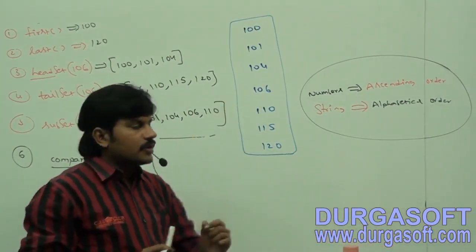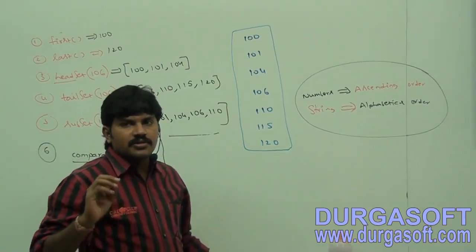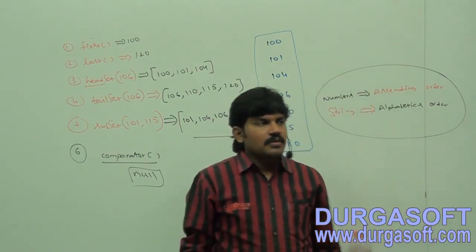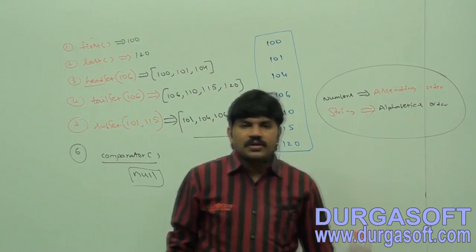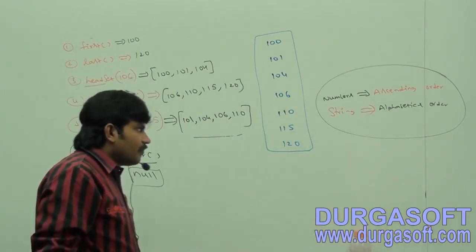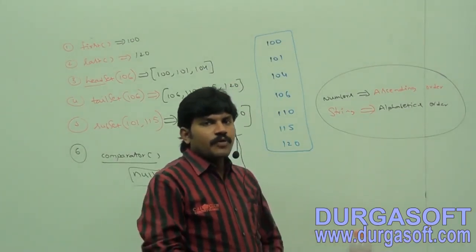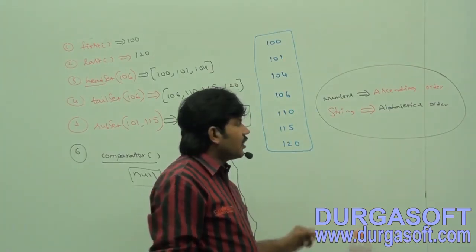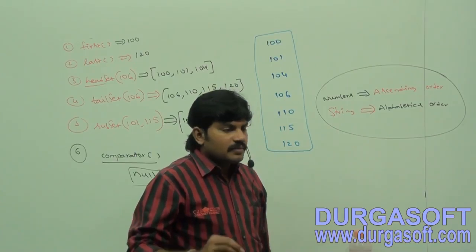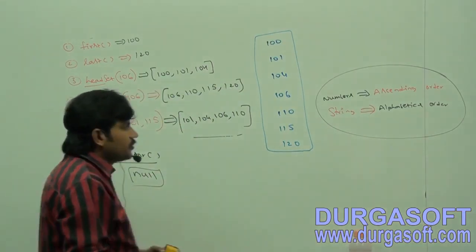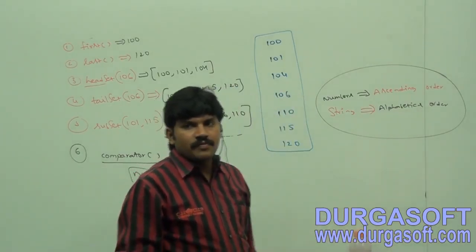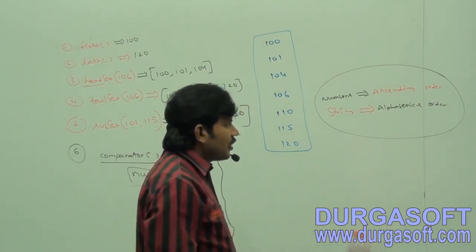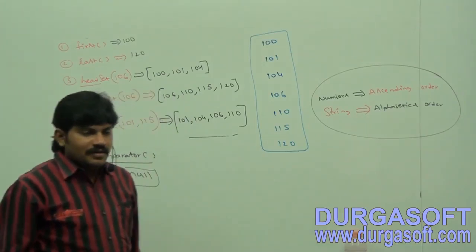Okay, take a note. The default natural sorting order for numbers is ascending order, and for string objects, alphabetical order.